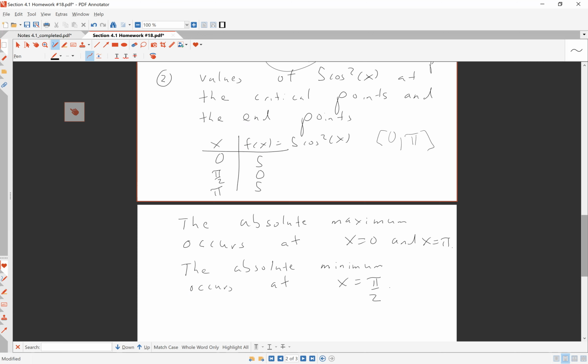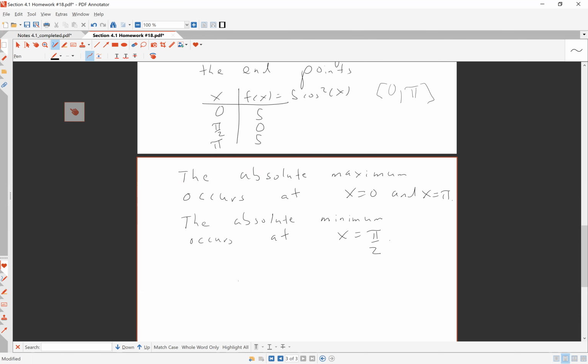Okay, so I'm actually going to write this out. The absolute maximum, I'm sorry, absolute maximum occurs at 0, 5, and pi, 5.